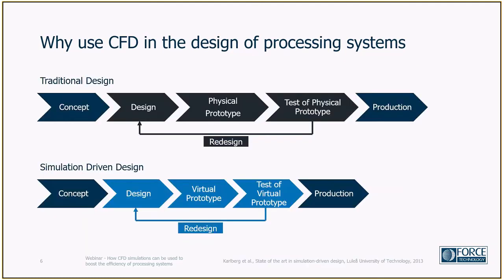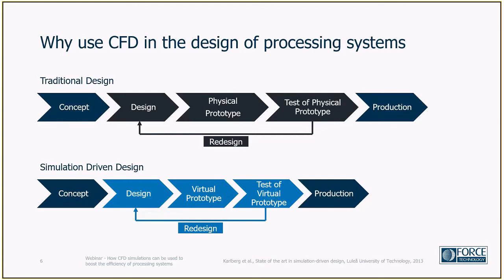And then if we think about the traditional design process of any product, we usually start by the concept of the product. Then we design a first version of the product, and after that we build a physical prototype, and we test it also physically by measuring with sensors and so on. And if the results of this test are found acceptable, then we will go to the production phase.